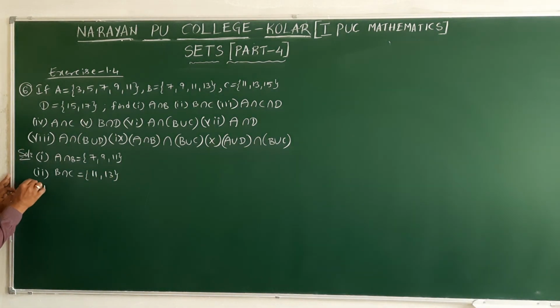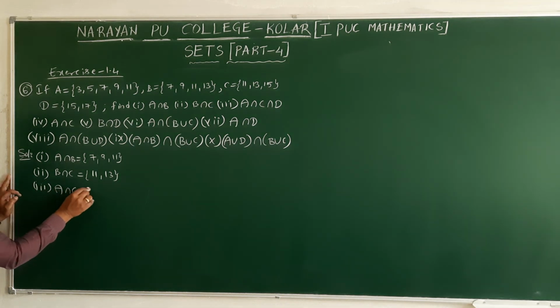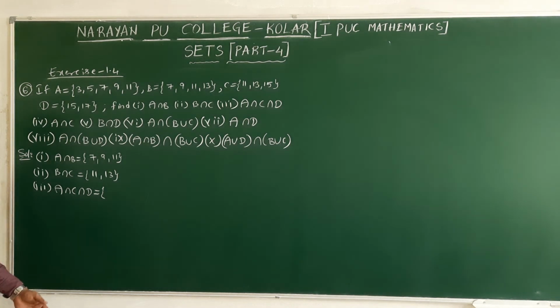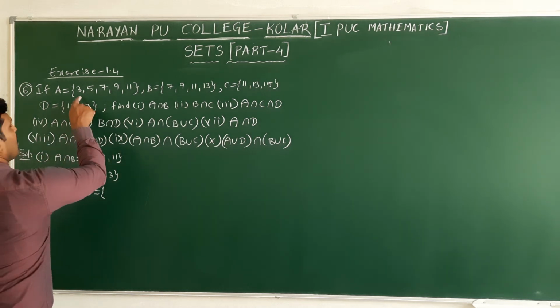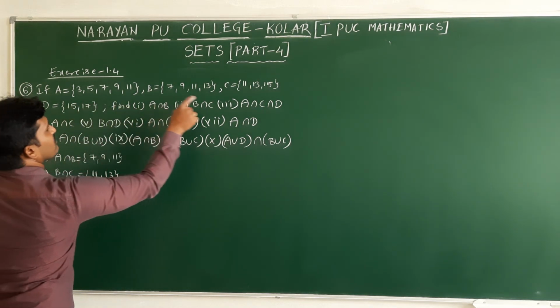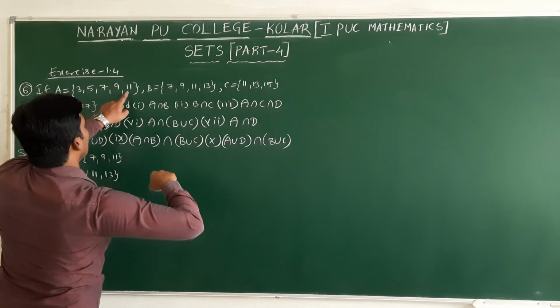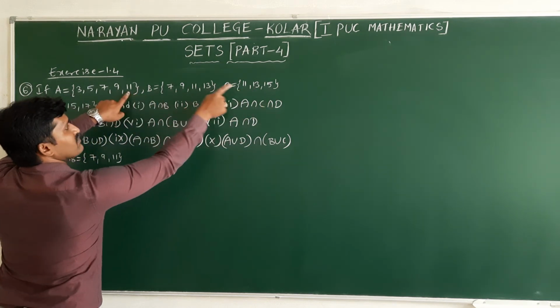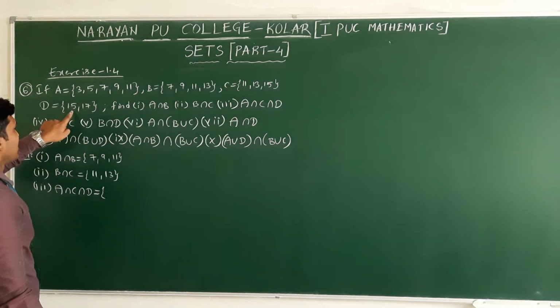Next, third one, A intersection C intersection D. That means the common elements between A, C and D. A, C, oh, 11 is common element for A and C. This 11 is there here?